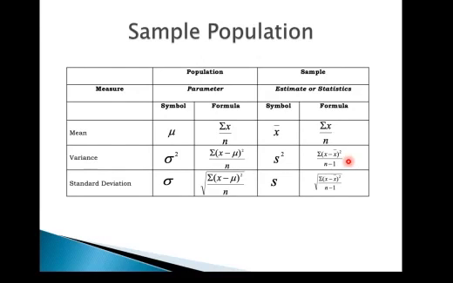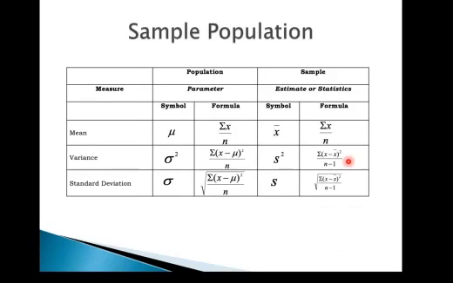So to lower this sample standard deviation, because it is too high, we divide the sum of the squared deviations from the sample mean by n less 1.